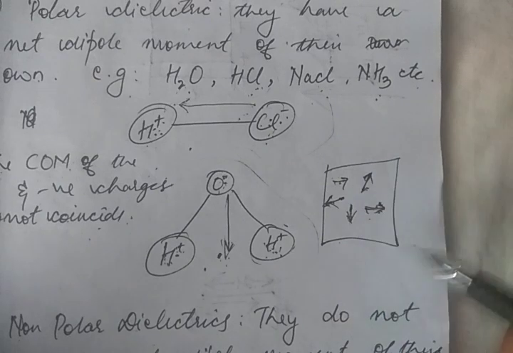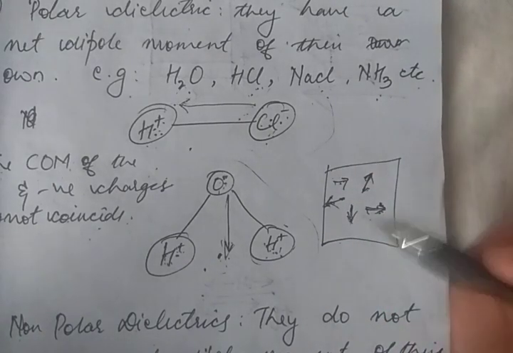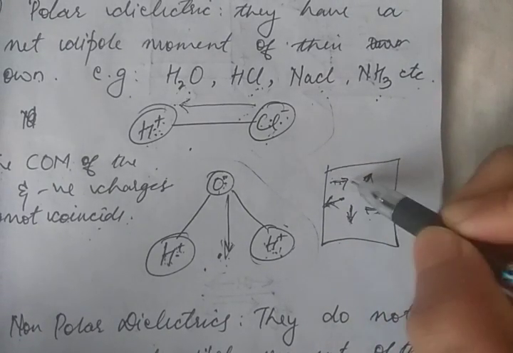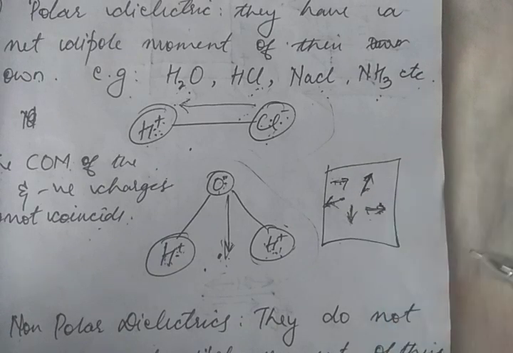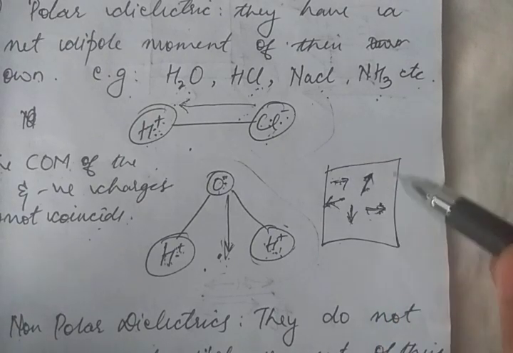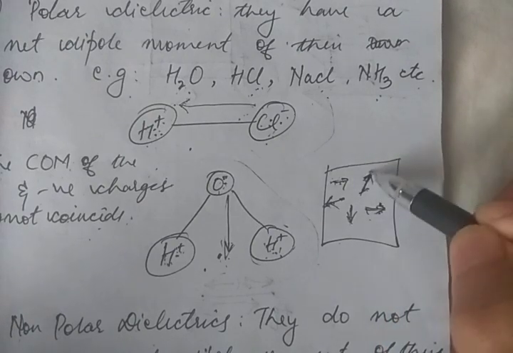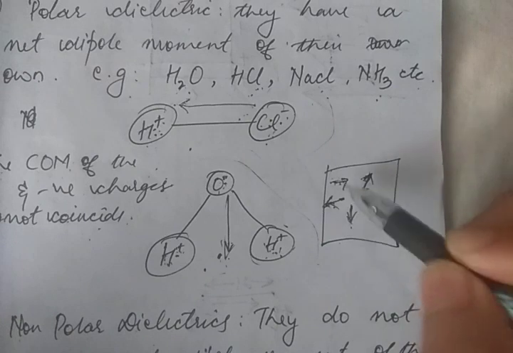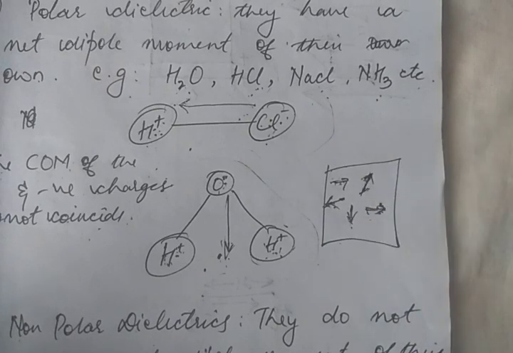Now what happens when we look at the substance on the whole is that the individual dipole moments are directed in all possible directions. Therefore, when we look at the substance in general, the net dipole moment will be 0, because the individual dipole moments are aligned in all possible directions. So the net dipole moment when we look at the substance on the whole is 0. Remember that.